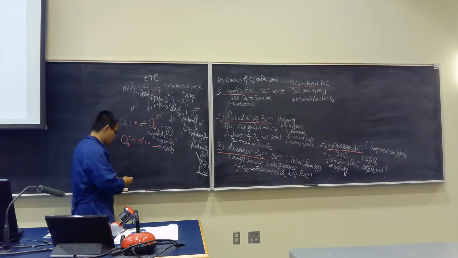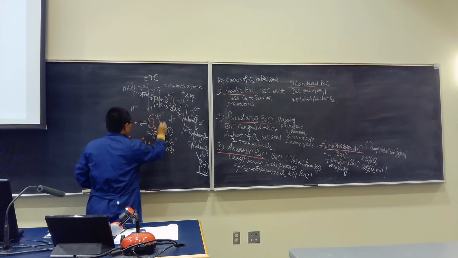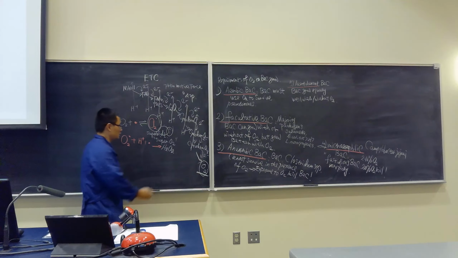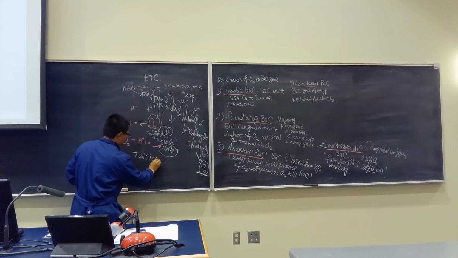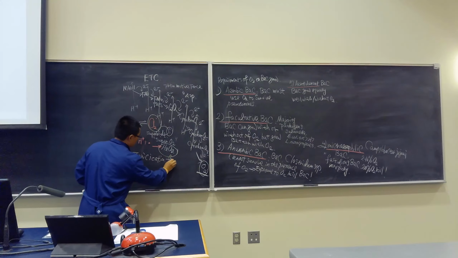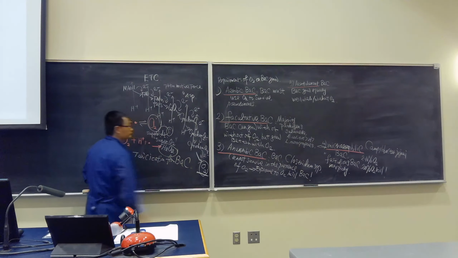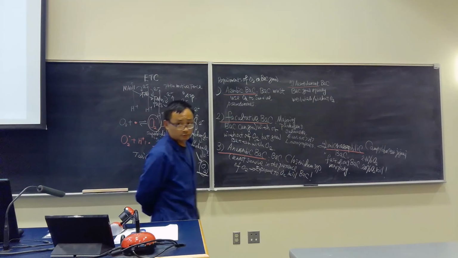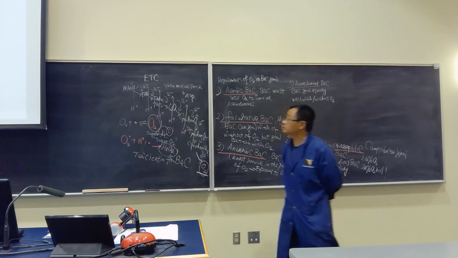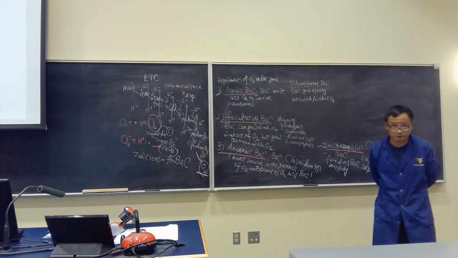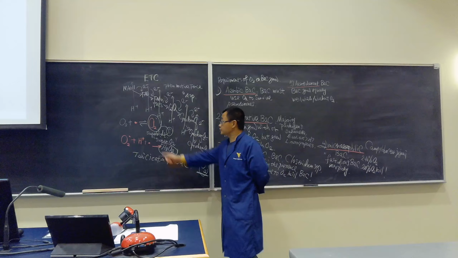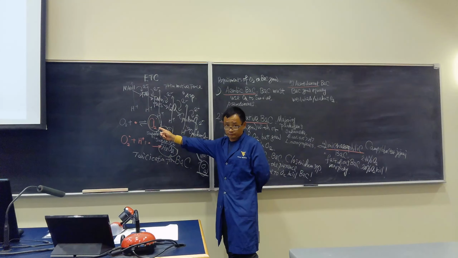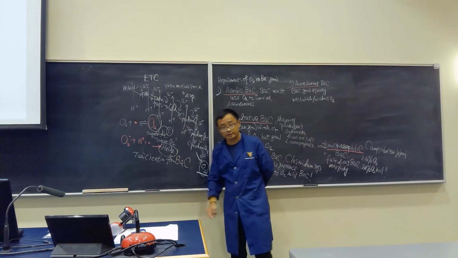And unfortunately, superoxygen and hydrogen peroxide are toxic for bacteria. So in other words, during this electron transport chain, they need to generate energy, ATP, but at the same time, they generate this toxic material, superoxygen or hydrogen peroxide.